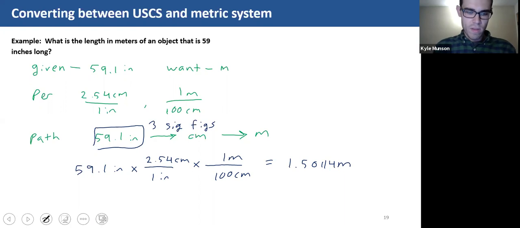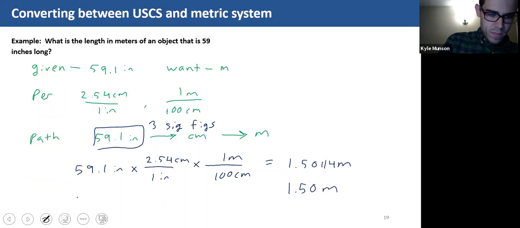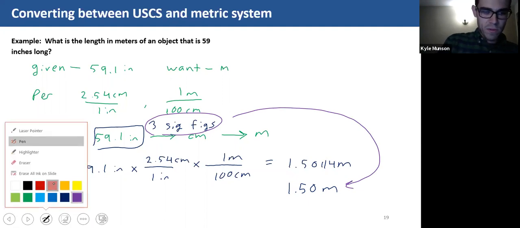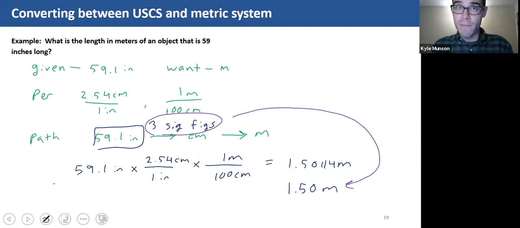Let me just double check that again. 2.54 divided by 100. Yep, that's what I get. And again, our answer can only have 3 significant figures. So that means this needs to be 1.50 meters. Okay, that's the correct answer expressed with the correct amount of significant figures.